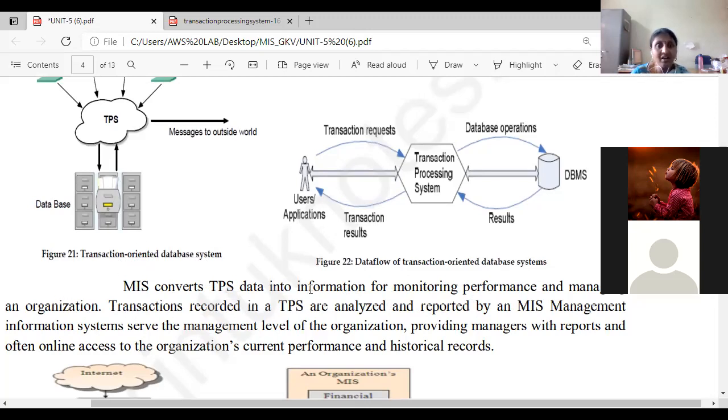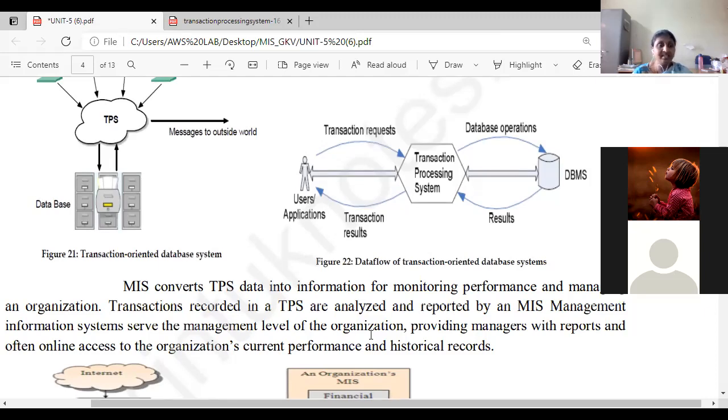The transactions recorded in a transaction processing system are analyzed, and the results are reported by this MIS, the management information system. They serve the management level of the organization. So for whom are these results required? The decision makers in your organization are given these results.